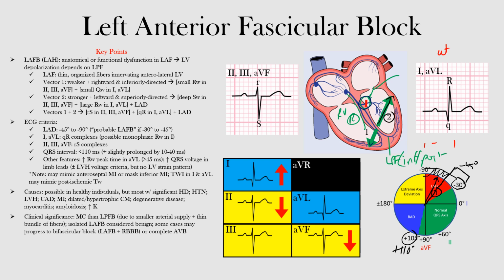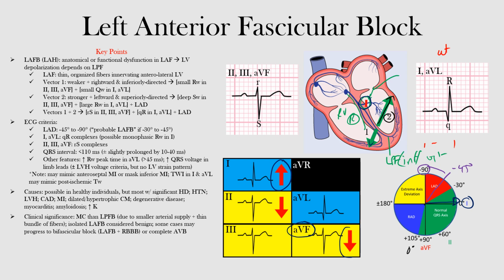So again, why is it positive? Let's just erase this here. We're looking for something between -45 degrees and -90 for our true left anterior fascicular block. What we have here is positive in lead 1, meaning a positive upright vector in lead 1, which is here, going towards lead 1. Then we look for a negative in AVF.